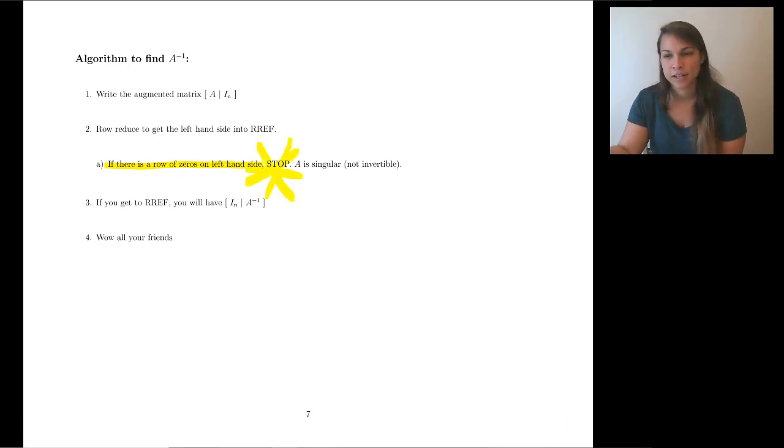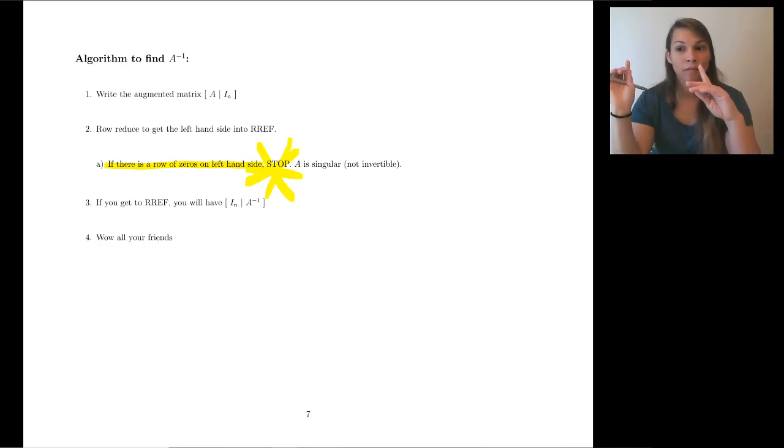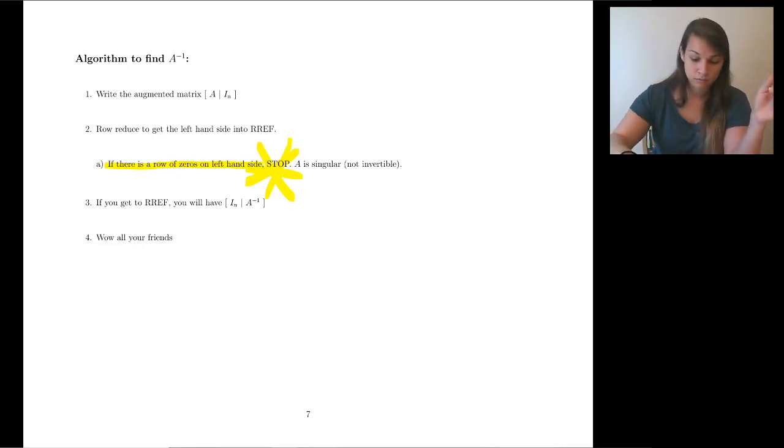A is singular. It is not invertible. Having a row of zeros is equivalent to saying that A doesn't have a unique solution. I already proved to you that if A is invertible, there is a unique solution. So rows of zeros mean no unique solution, not invertible. Stop.